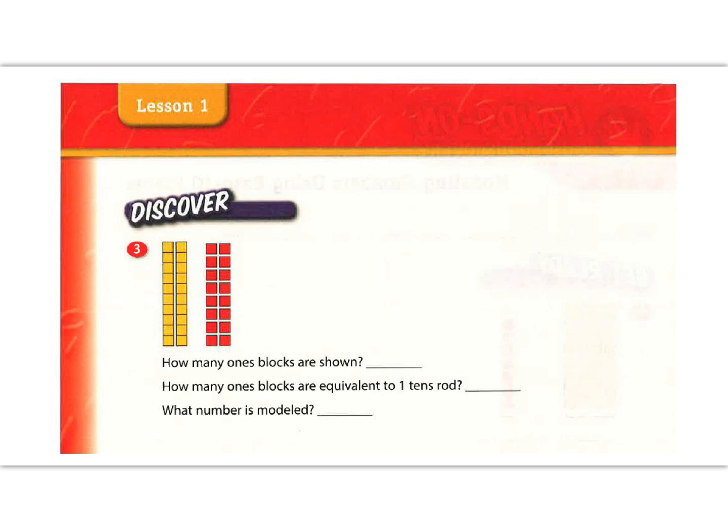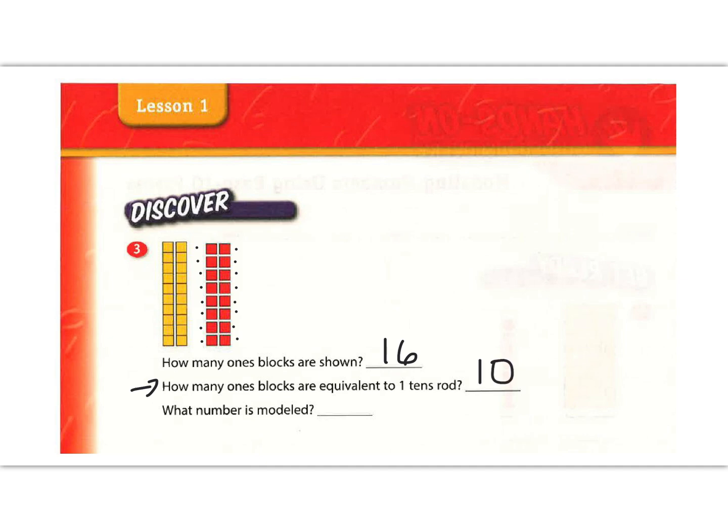Here we go. How many ones blocks are shown? Well, let's count. 1, 2, 3, 4, 5, 6, 7, 8, 9, 10, 11, 12, 13, 14, 15, 16. So 16 ones blocks. And then how many ones blocks are equivalent to one tens rod? Well, a tens rod equals 10 ones.